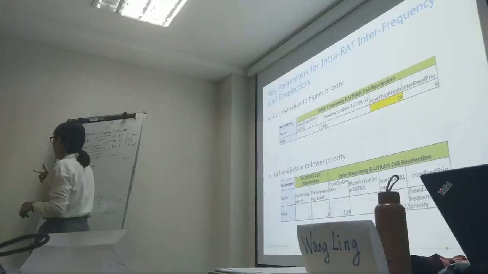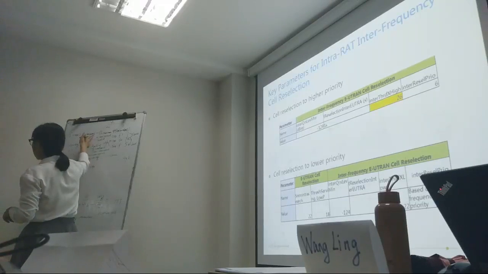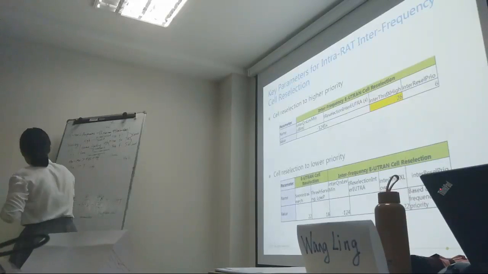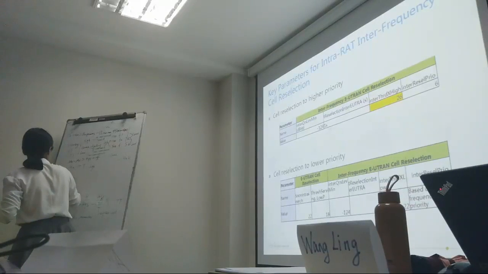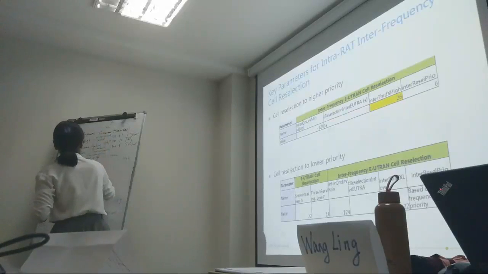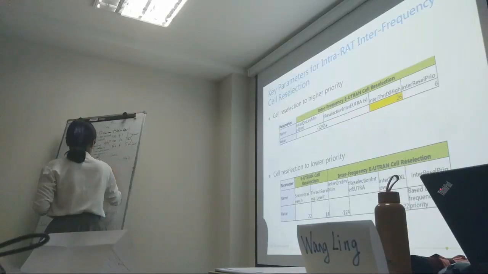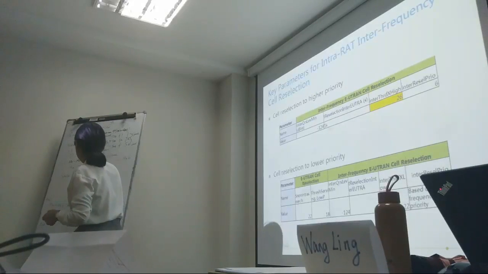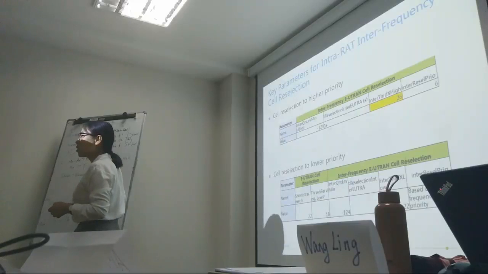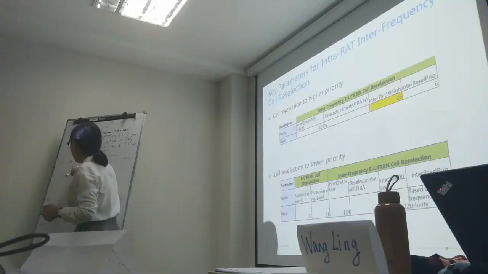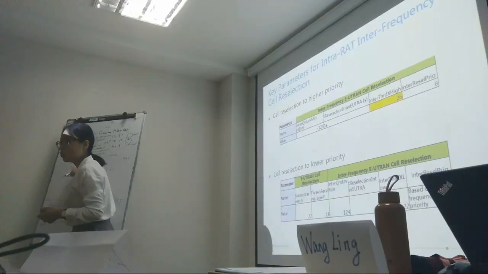That means at first the neighbor cell S value is equal to this value minus the offset, and it should be greater than 0. Yes? So if this value we calculated is greater than minus 124, and it's also greater than this threshold, I will go to it.